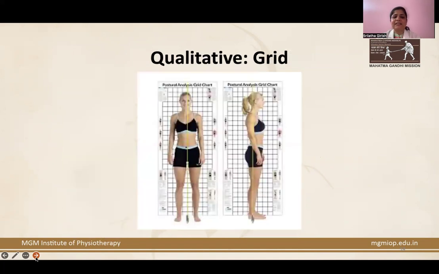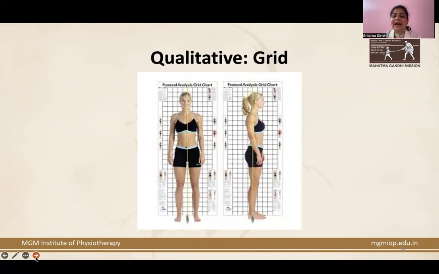Okay. Now, next one is a grid analysis. As you see in this picture, it's a chart consisting of smaller grids made by vertical and horizontal lines. It is often in the form of a floor mounted or a wall mounted chart. Now, it provides a visual reference point for assessing the alignment and asymmetry of the body.